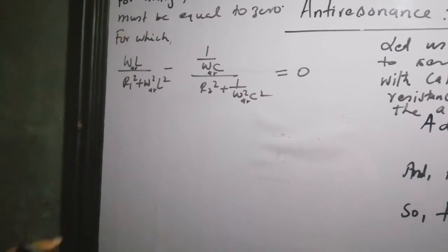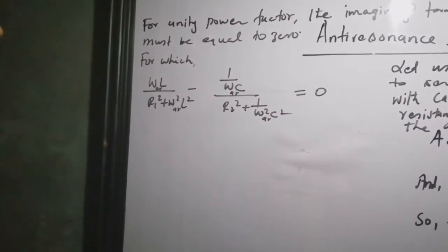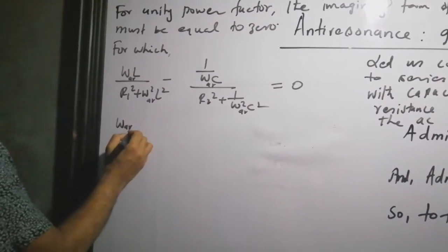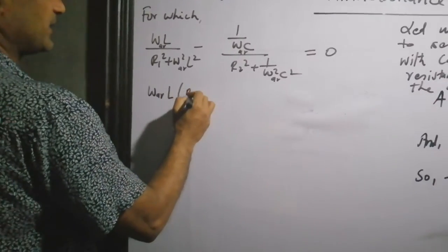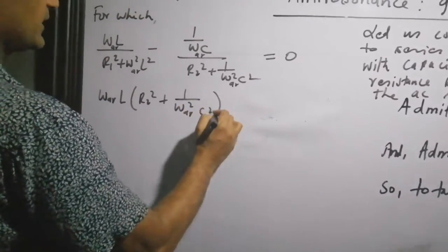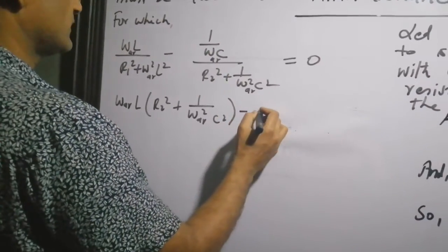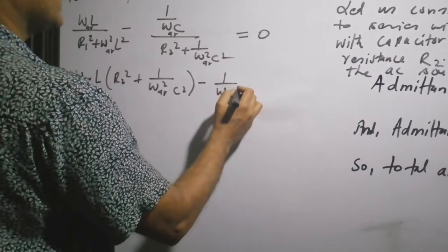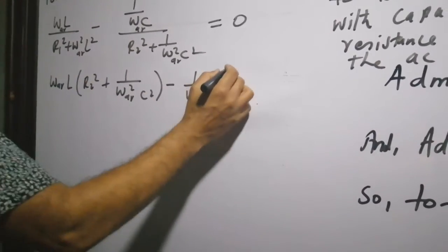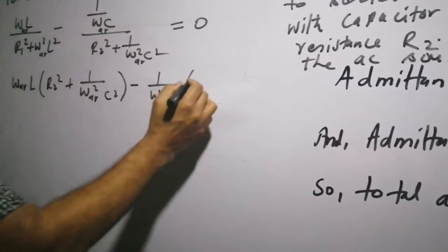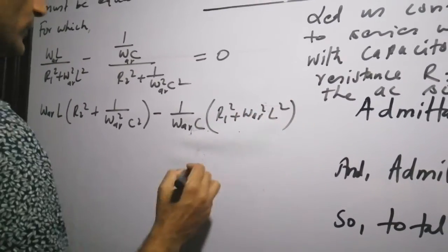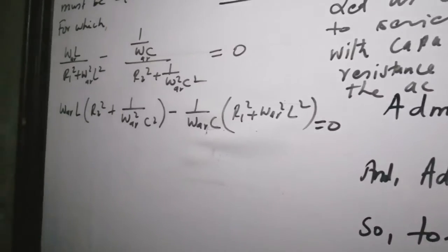Now what is left? Now we just have to simplify this, which means I have to do cross multiplication. So let me write omega A R times L, and this times R2 square plus 1 by omega A R square C square, and this cross multiplied by this: 1 by omega A R C times R1 square plus omega A R square L square, which equals 0.